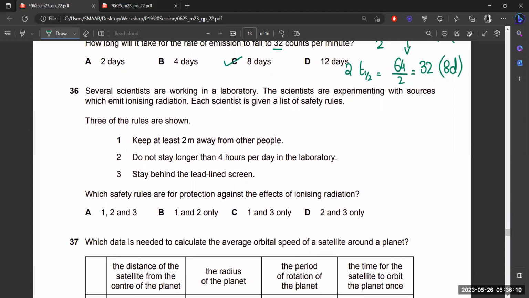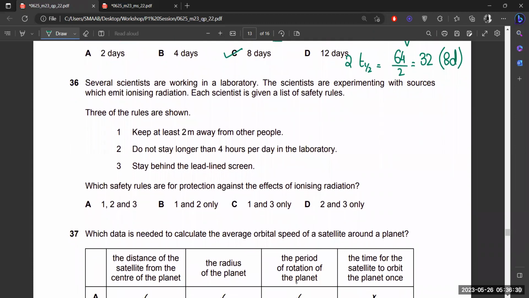Several scientists are working in a laboratory. The scientists are experimenting with sources which emit ionizing radiation. Each scientist is given a list of safety rules. Three of the rules are shown. So memorize the safety precautions for nuclear reactions. Keep at least 2 meters away from other people. That is not a good choice.